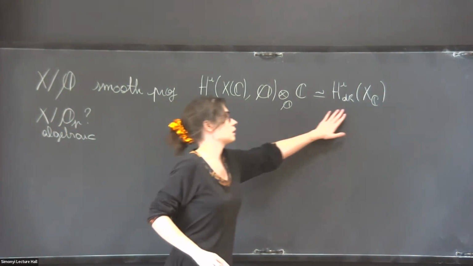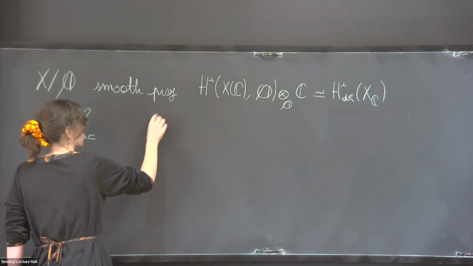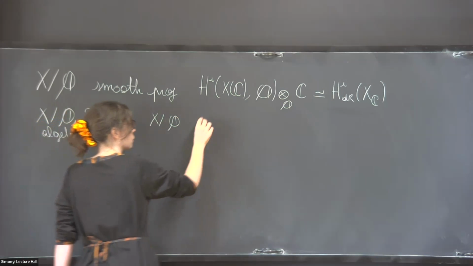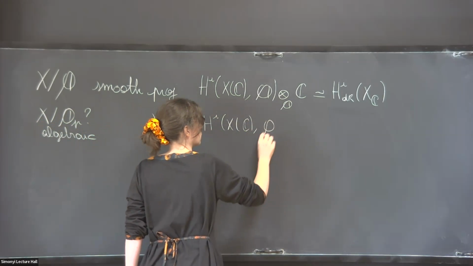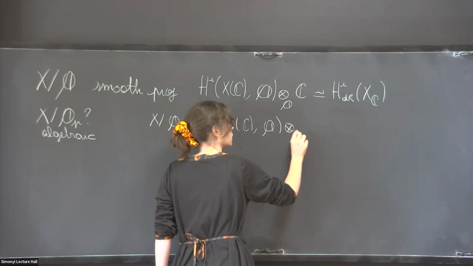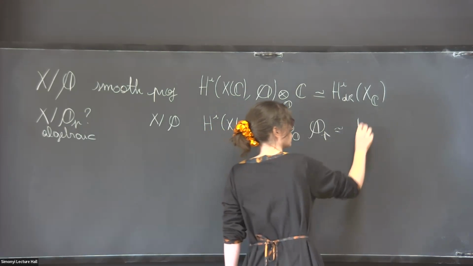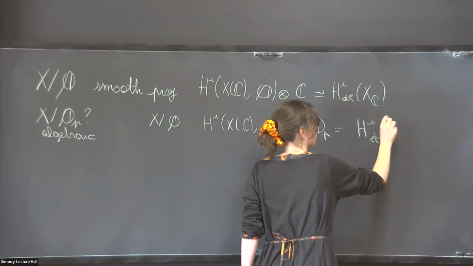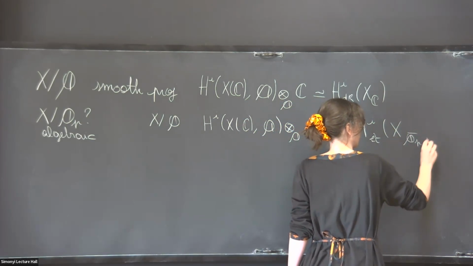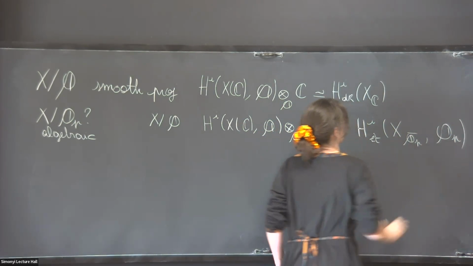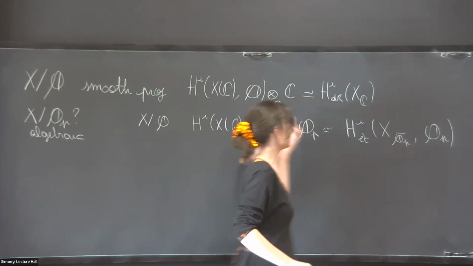Here we can still use the de Rham homology, but when X is defined over Q_p, we get what we call the p-adic homology. When we work directly over Q_p, this is what we will use on the topological side.